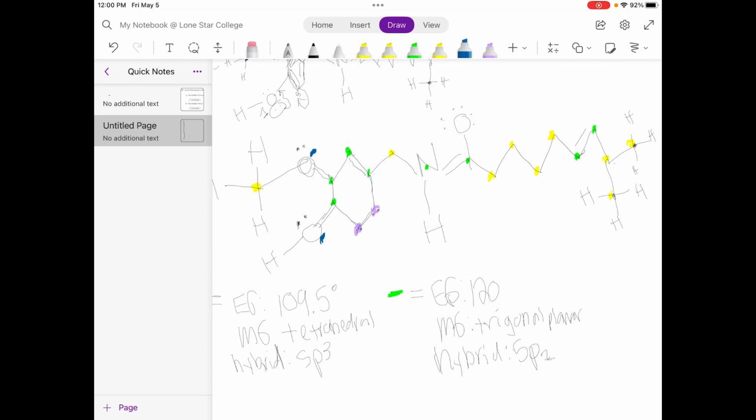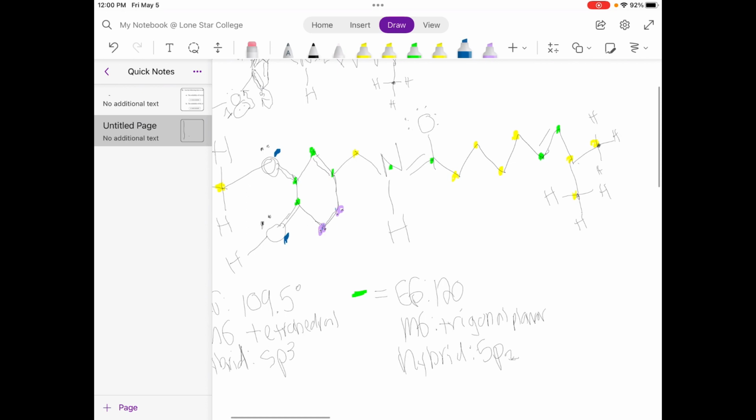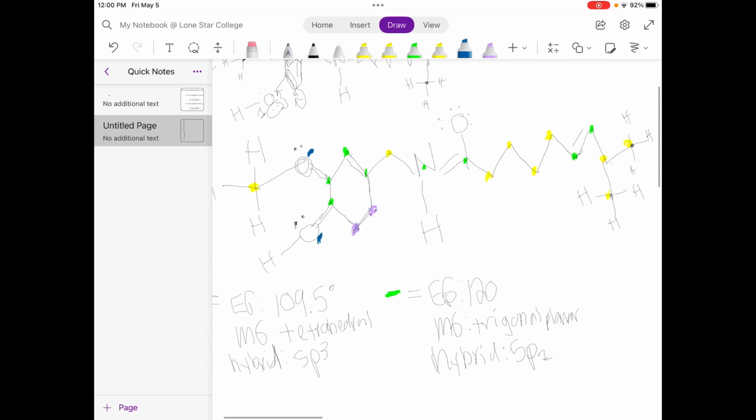What else can I do? Okay. Let me look at the oxygen up here. I think we got most of everything. This oxygen right here has 3 lone pairs and 1 bonded atom.